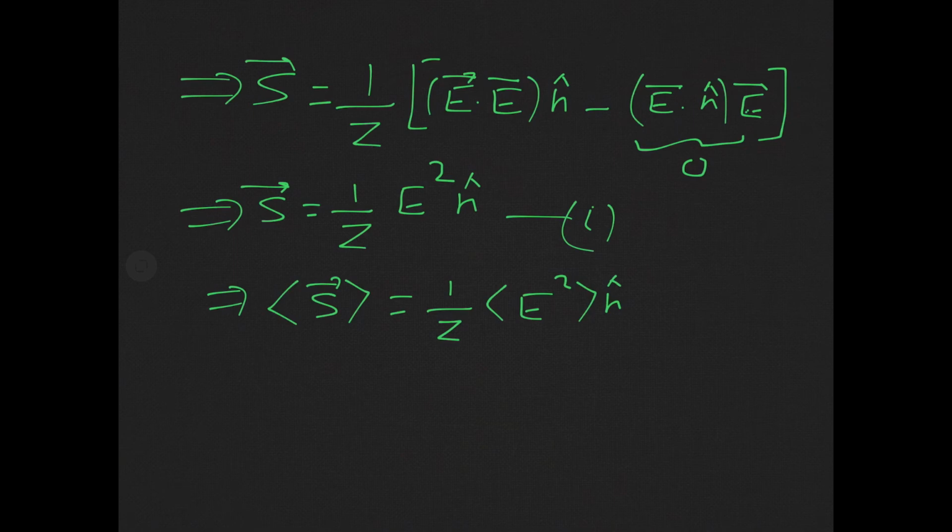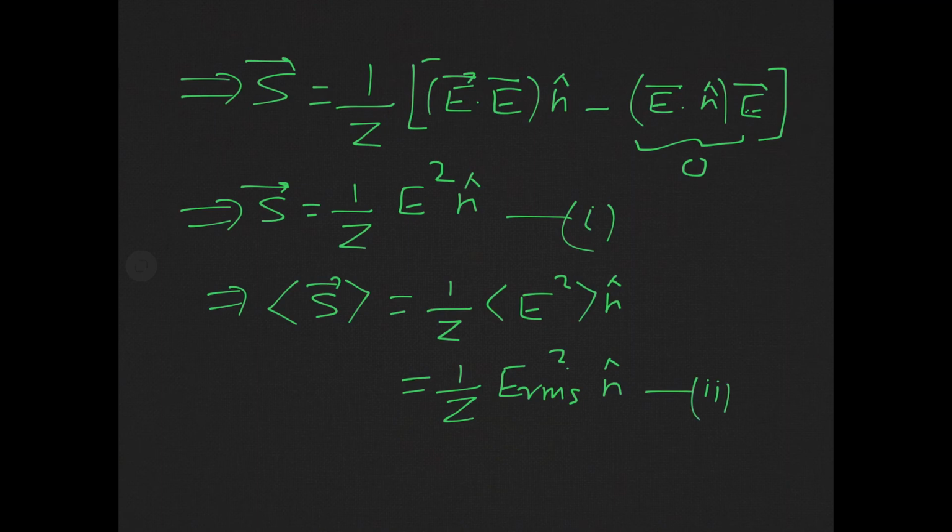And the average value of E square, I have calculated in the previous lecture, so I am writing it here directly. This is 1 over Z into E RMS square into n hat.